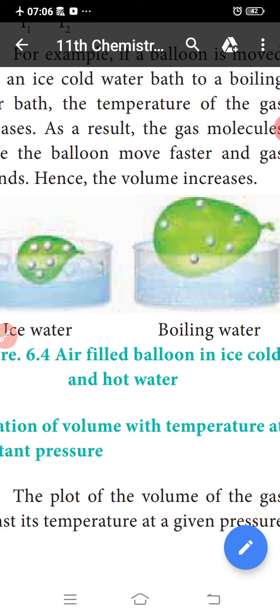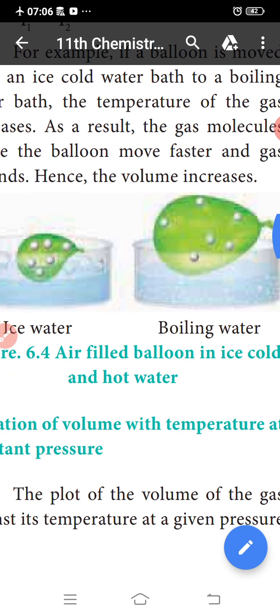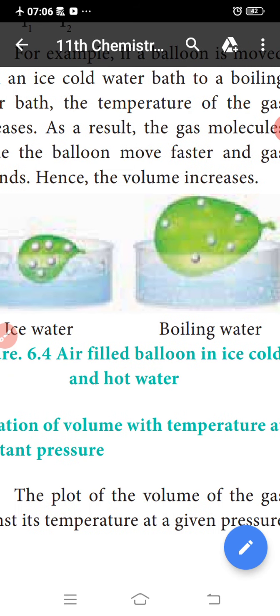As a result, the gas molecules inside the balloon move faster and the gas expands, hence the volume increases. As the temperature increases, the volume also increases, at constant pressure.